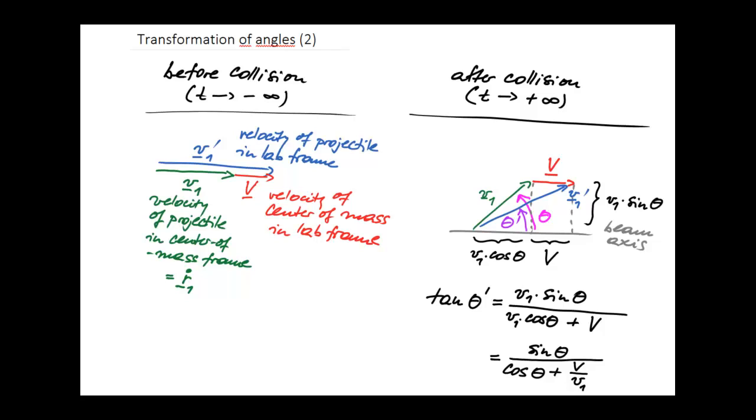So this is the first formula that represents the relationship between the two scattering angles measured in the center of mass frame versus the lab frame, theta and theta primed.